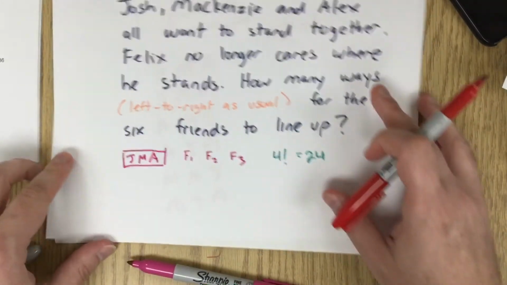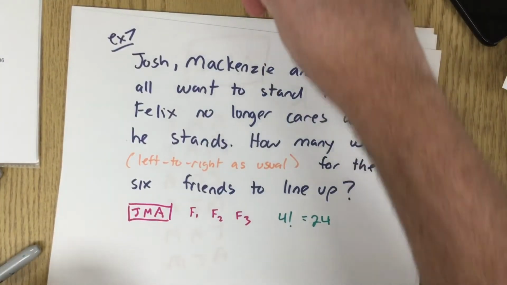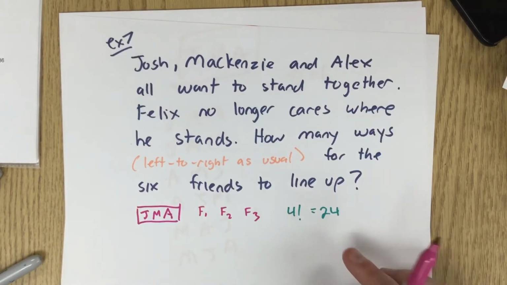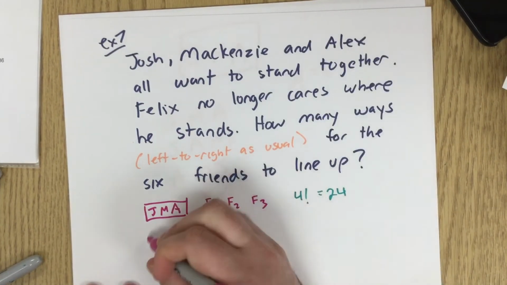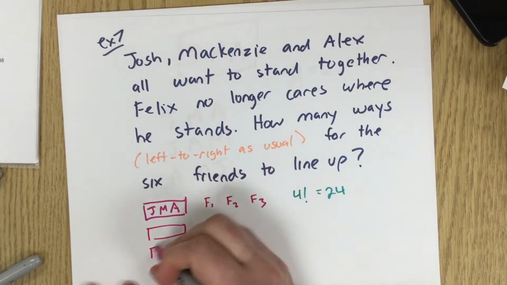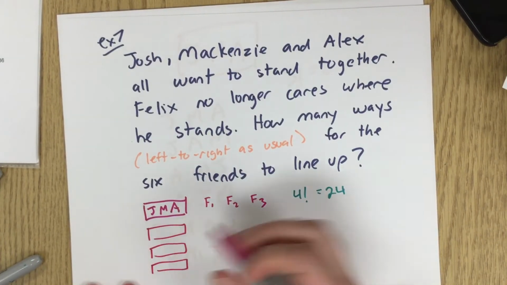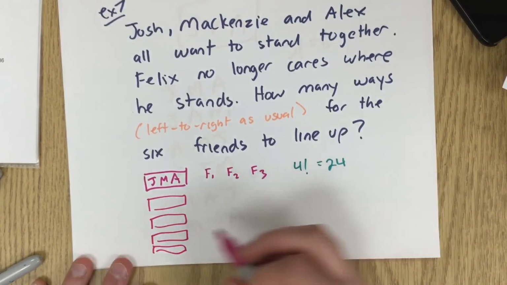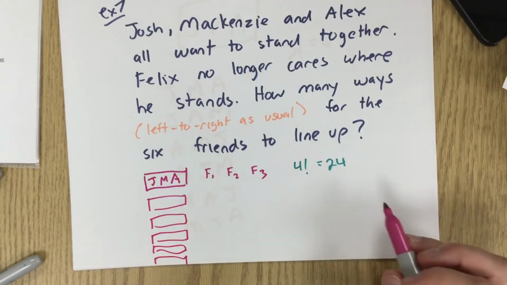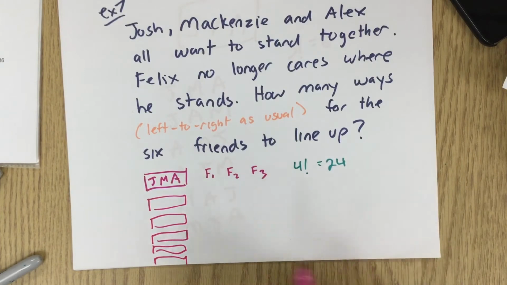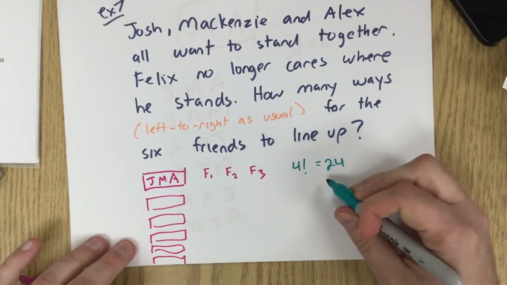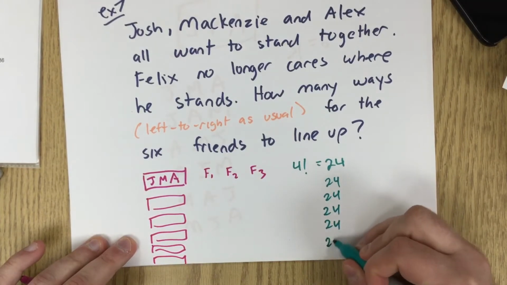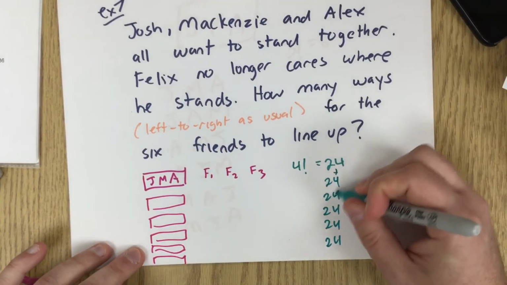So going back to this, we have the block and 3 other friends, which is 24 ways, but there's actually going to be 6 ways to organize that block. I'm going to run out of room here. And so each of those is going to be 24. So it's 24 ways, and 24 ways, and so on for all 6, and we add those up.